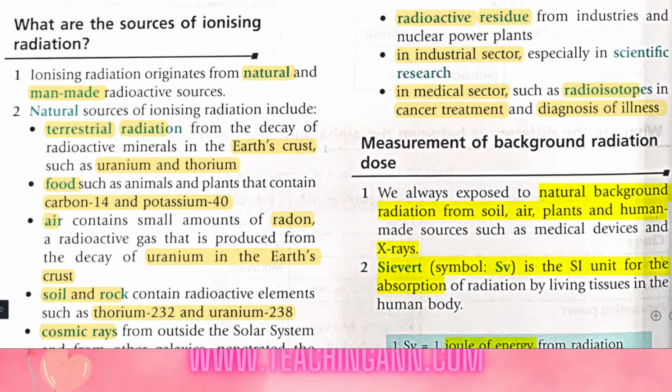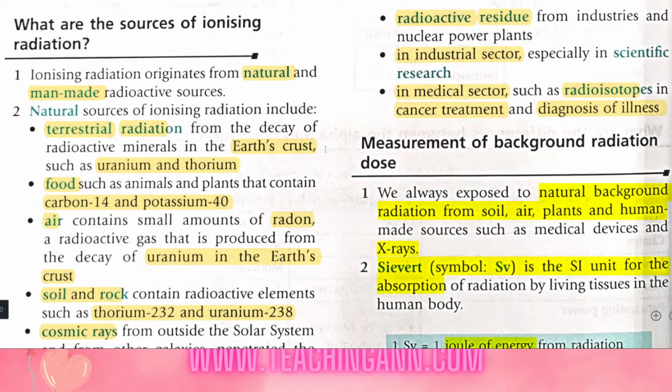Radiation. A small amount of radioactive gas that is produced from the soil and rock, from the radioactive thorium 232 and uranium 238.